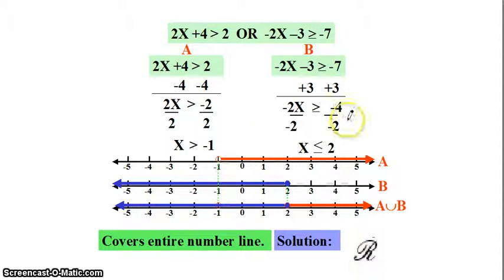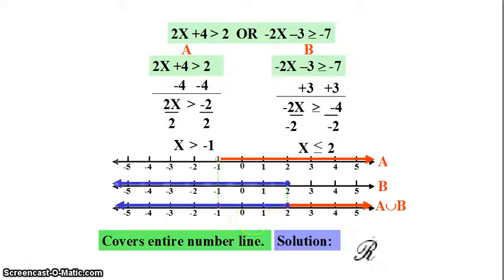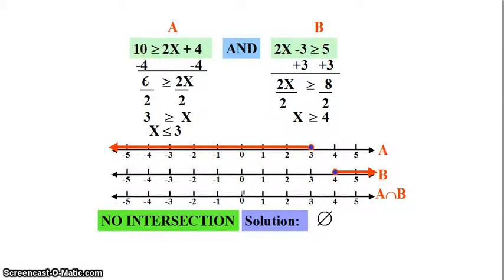So this is yet another special case. So we can have a no solution like this last problem because we cannot satisfy both conditions at once, or we have the entire number line. So that's it for the compound solutions.